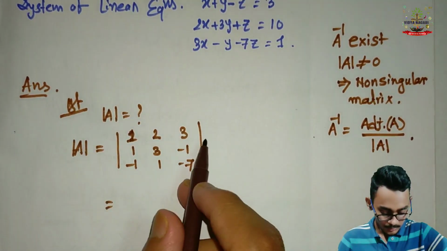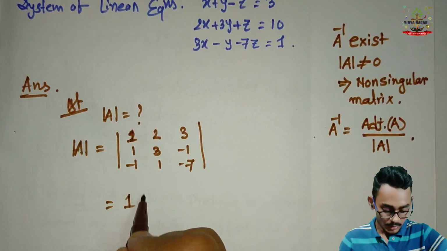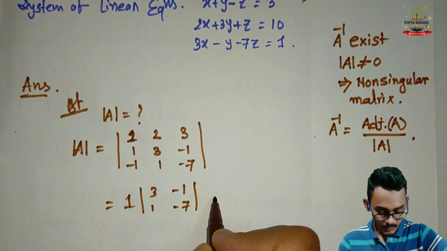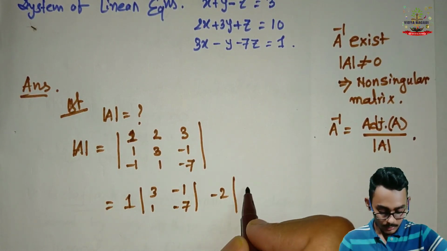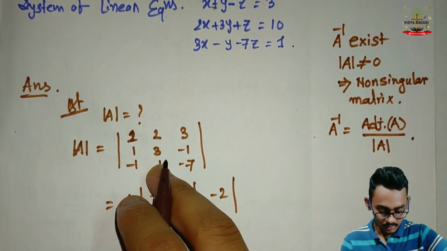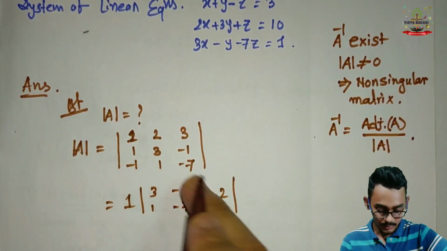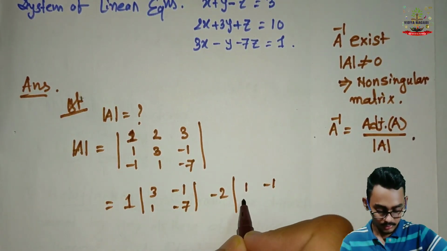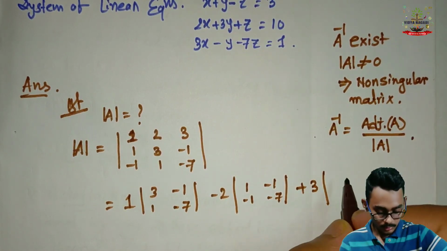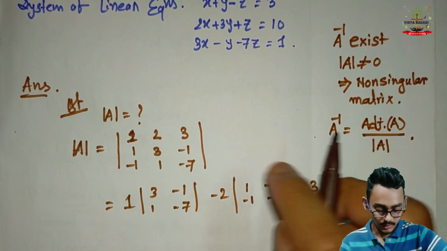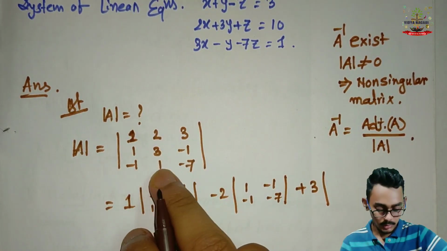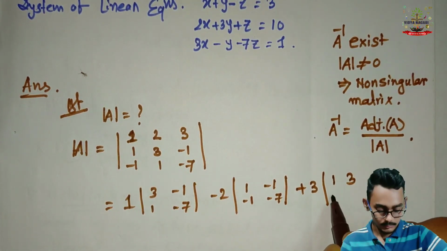If I expand along the first row, 1 into the determinant of 3, minus 1, 1, minus 7, then minus 2 into the determinant after removing this row and this column: 1, minus 1, minus 1, minus 7, then the next element plus 3 into the determinant after removing this row and this column: 1, 3, minus 1, 1.